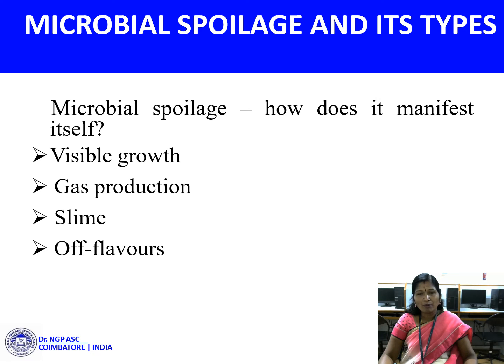One is visible growth of the microbes in the food. Next is gas production. Third is formation of slime. And fourth is off flavors. So these are the four major characteristics that microbial spoilage does to the food.